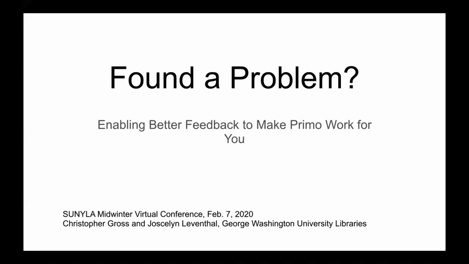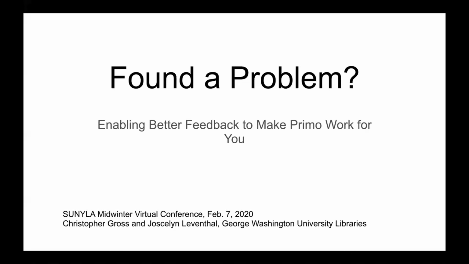So I will start with a couple of questions. These are just rhetorical. You don't need to answer online. First, how often do you first learn about a problem with e-resources through patron feedback? And second, how often do you suspect that many other patrons saw that same problem before one of them reported it?